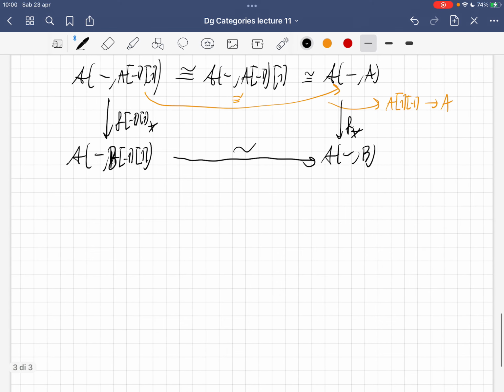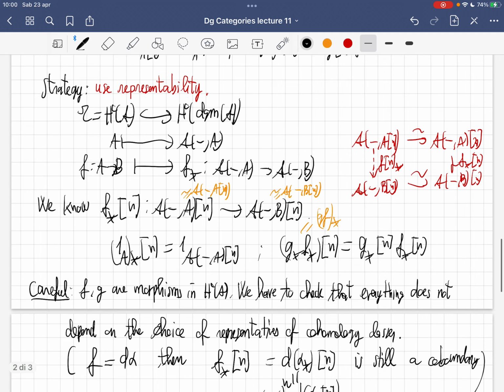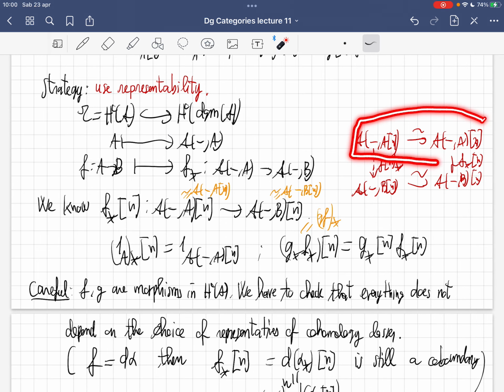And the fact that the Yoneda embedding is fully faithful then allows you to do everything. It's also a good thing, even if it's an abuse of notation, to think of these representability isomorphisms as actual identities, so that everything is even clearer.